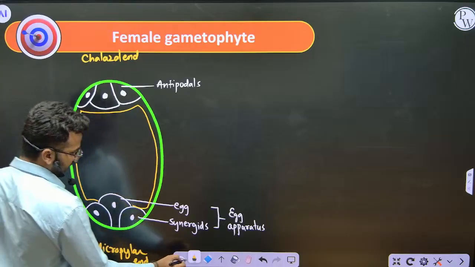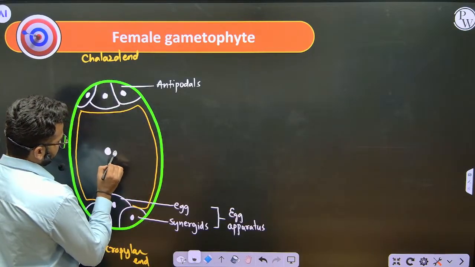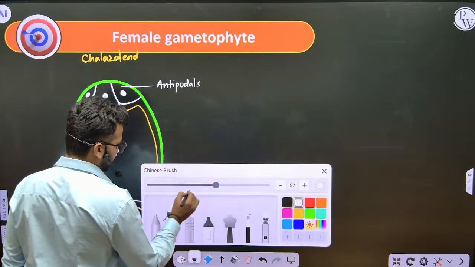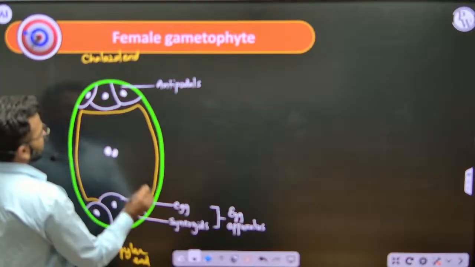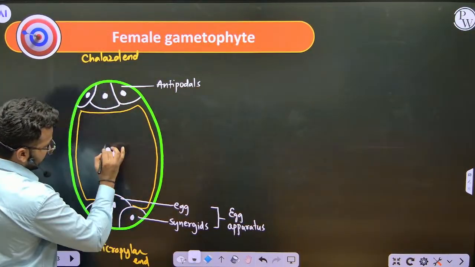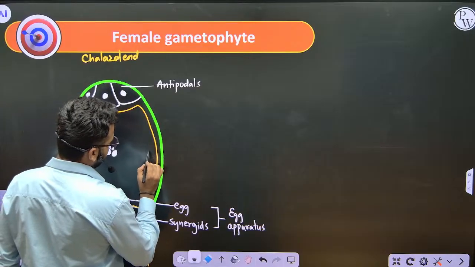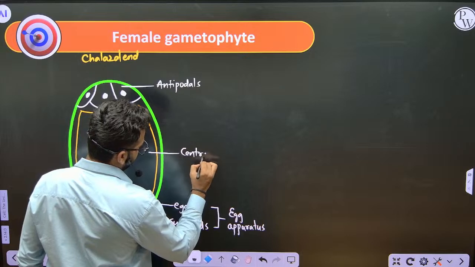At the center you will see that 2 nuclei are there; that is the central cell. So these are the 3 antipodal cells, and the central cell.